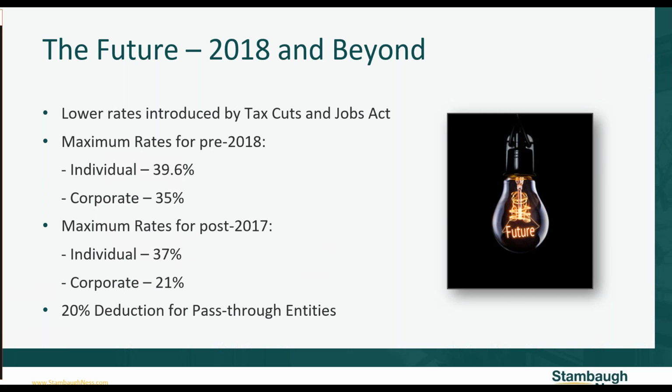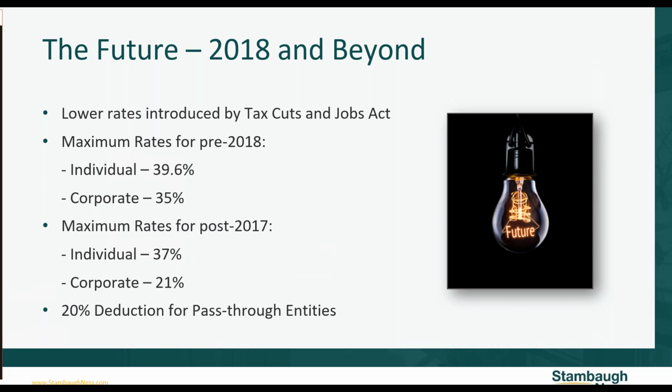With the big changes being tax rates have been lowered. The corporate rate, a big drop from a maximum of 35% to only 21%. While the top individual rate only dropped from 39.6% to 37%, there was a much broadening of the brackets, so that more income is taxed at lower rates. And there's also that 20% deduction now available for S corporations and pass-throughs, the qualified business income deduction that you probably have already heard about, or maybe your tax advisors talked to you about.